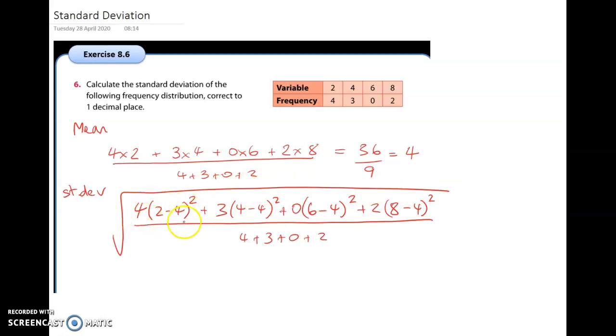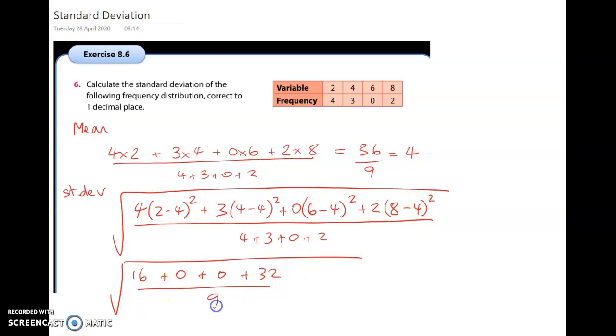Now, I still think you should just sit there and work out each part on the calculator first. If you work that through on your calculator, you're going to end up with 4 lots of 2 squared, 3 lots of nothing squared, no lots of 2 squared, and 2 lots of 4 squared.